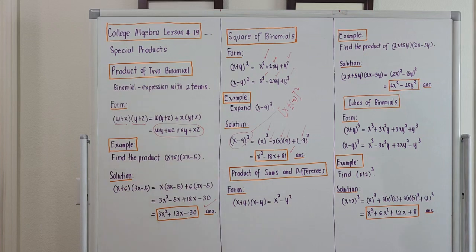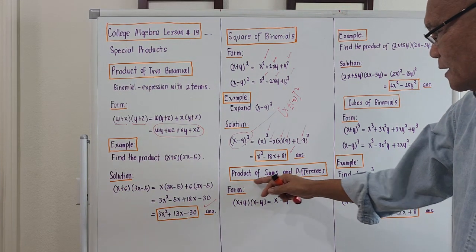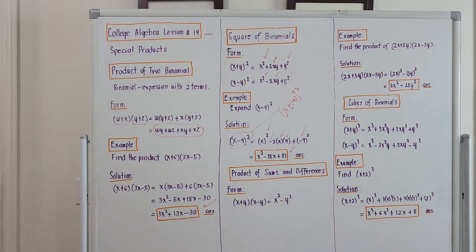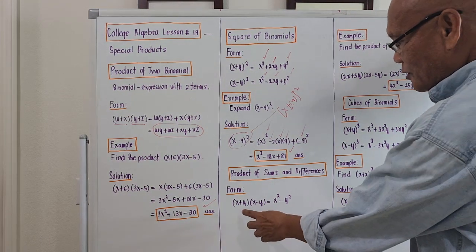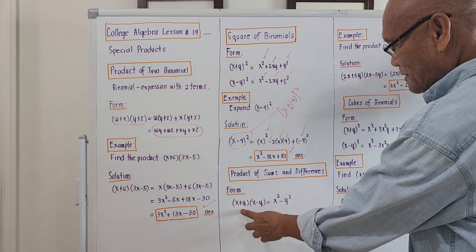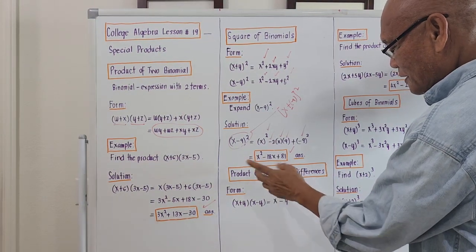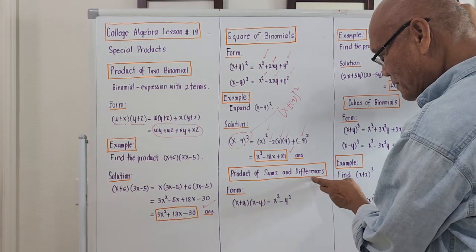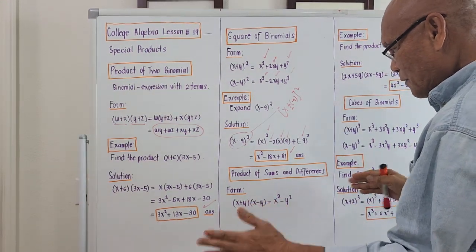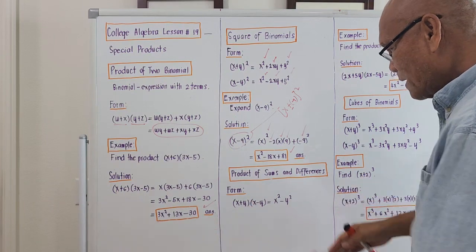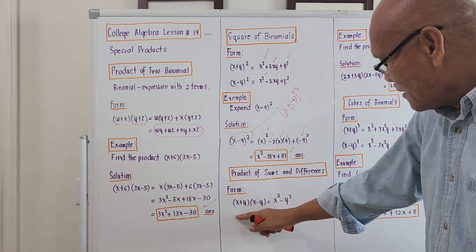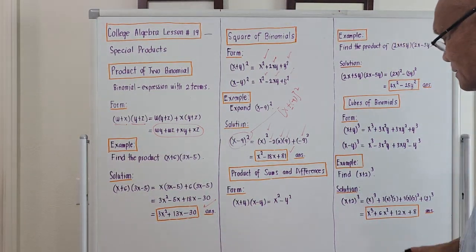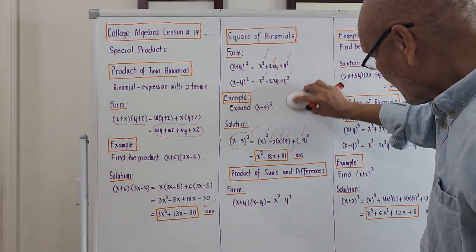The third classification: the product of sums and differences. Meaning to say, the sign of the first binomial is a plus, that's why sum, and the sign of the next binomial will be minus, so this is the difference. The problem is asking, if we multiply a sum and a difference, what will be the product? That's an easy one, no problem.